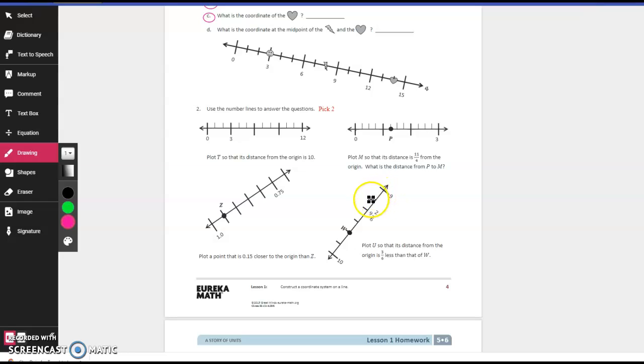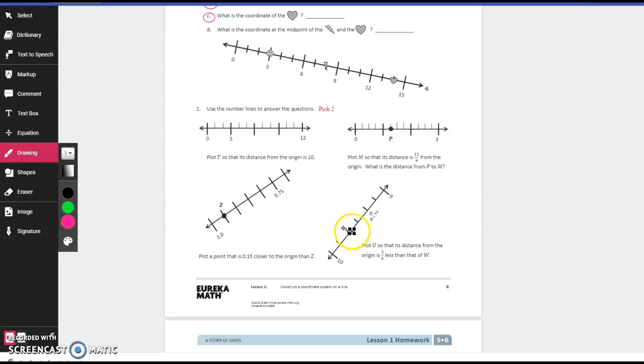So this is 9, 9 and 1/6, 9 and 2/6, 9 and 3/6, 9 and 4/6, 9 and 5/6. And then when we get to 9 and 6/6, 6/6 is one whole, so that becomes our 10.